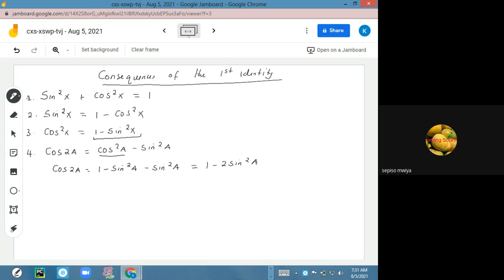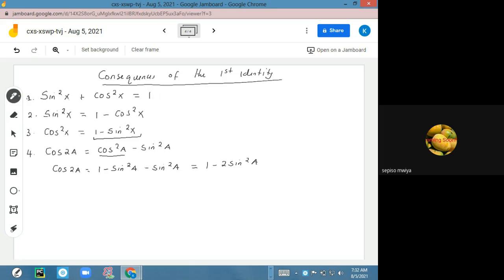So where is the one coming from? I mean the one for cos 2a is equal to 1 minus 2 sine squared a.